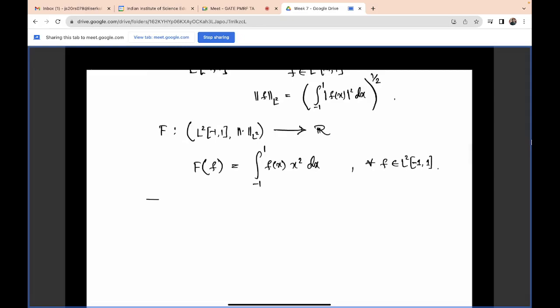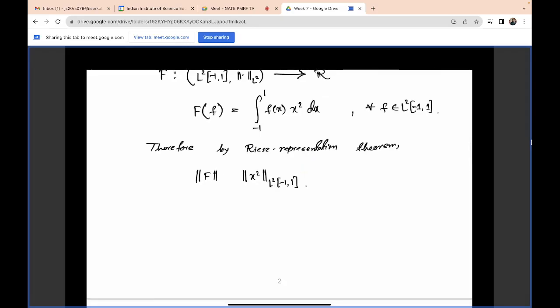So by the Riesz representation theorem, the norm of F will be the norm of this x squared in L2 minus 1 comma 1.